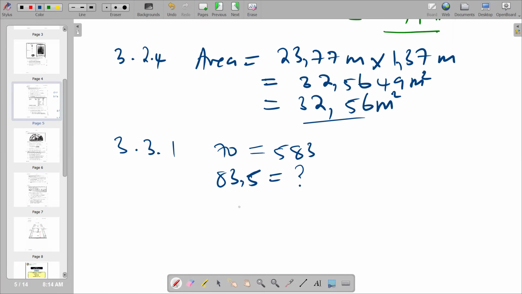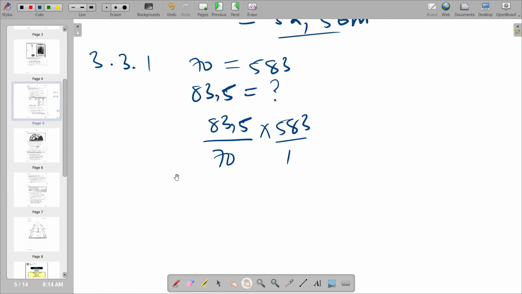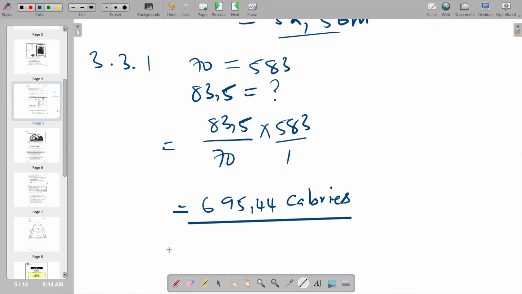We don't have that one, so we can just make a simple proportion based on what we have, 70 multiplied by 583. So we calculate it like that and we are going to get 600 calories. So basically, this is what we have for this part.